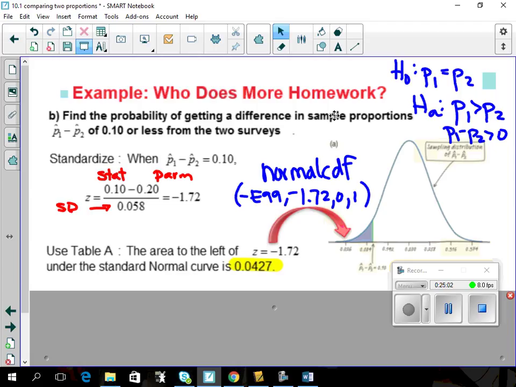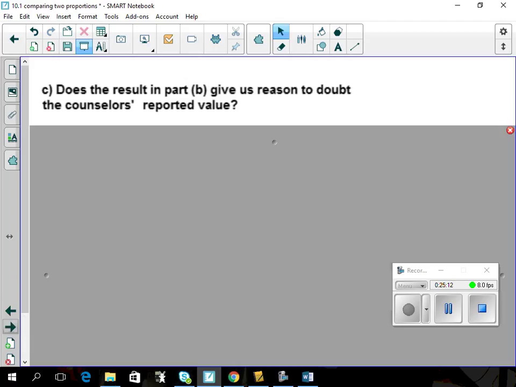Okay. How do we feel so far? I mean, it's not really anything different, is it? It's just new formulas, and a couple other things we have to test for with our conditions. Not too bad. All right. So, based on what we said our conclusion was, does our result give us reason to doubt the counselor's reported value of 20%?